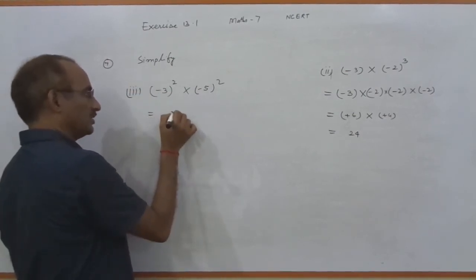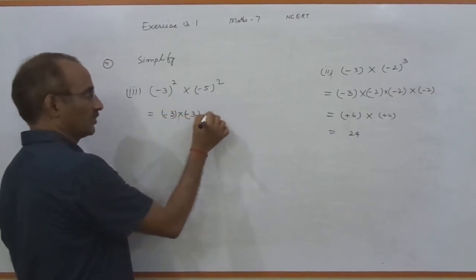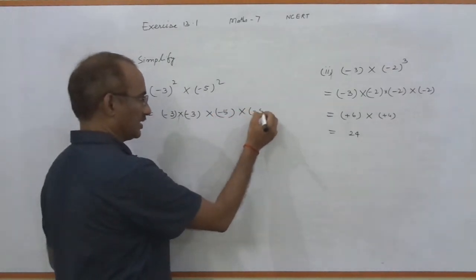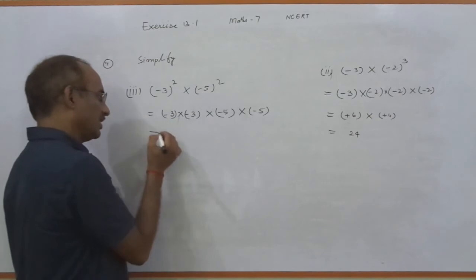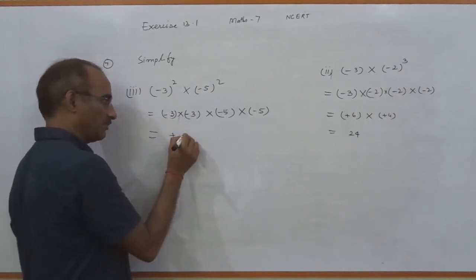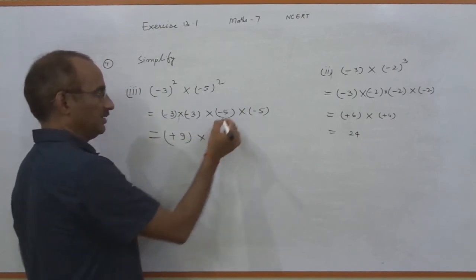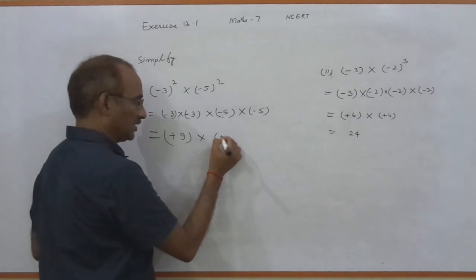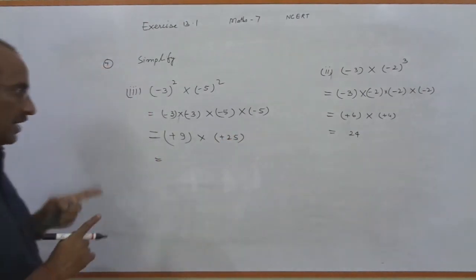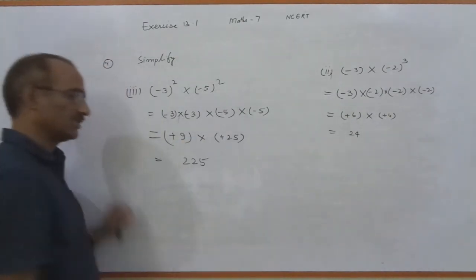So we get minus 3 multiplied with minus 3 and minus 5 multiplied with minus 5. Minus 3 multiplied with minus 3, we get plus 9. And minus 5 multiplied with minus 5, so we get plus 25. And when we multiply 25 and 9, we get 225. This is our answer.